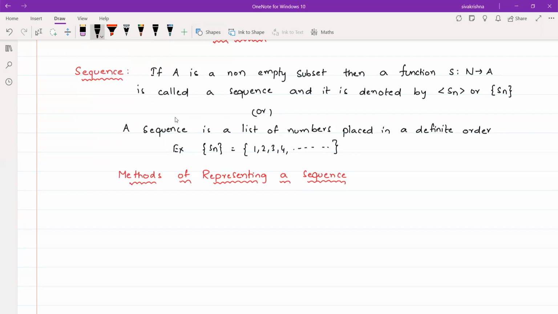So coming to the first one, a sequence can be represented in several ways.